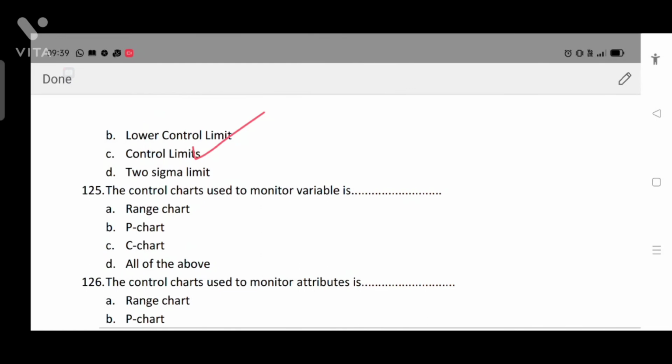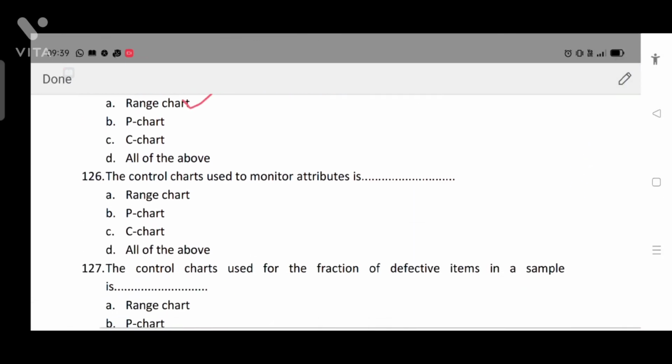The control chart used to monitor variable is A, B, C, D. Range chart. The control chart used to monitor attribute is A, B, C, D. P chart.